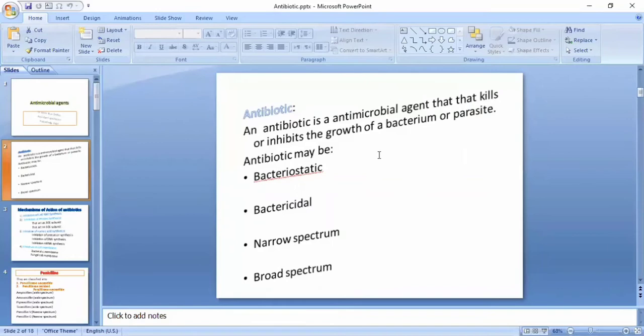Antibiotics may be bacteriostatic, bactericidal, narrow spectrum, broad spectrum. So the antibiotic is grouped as bacteriostatic or bactericidal, or it may be a narrow spectrum antibiotic, or it is said to be broad spectrum.